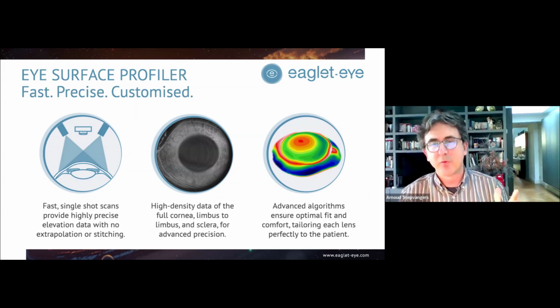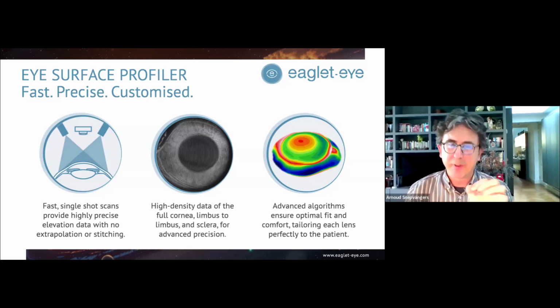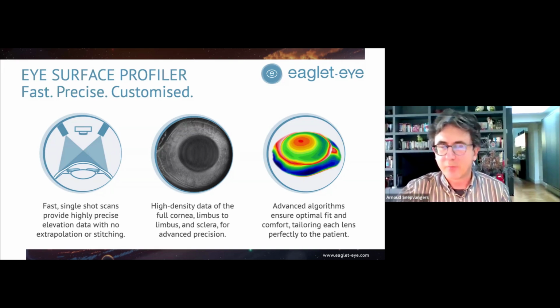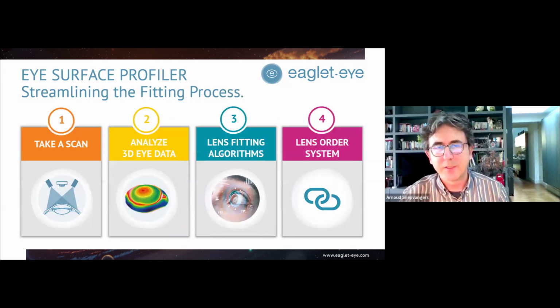No matter where that light hits the eye, whether in the periphery on the sclera or in the center of the cornea, it will always scatter some of that light back into our camera. This is why we can measure the full surface of the eye as far as it is exposed, as you see on the right. We measure up to 20 millimeters.